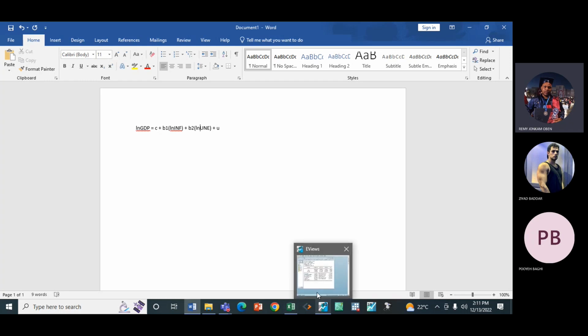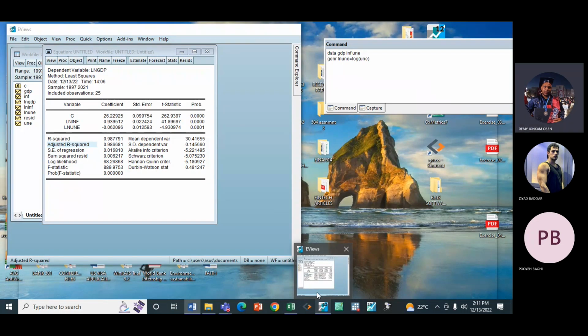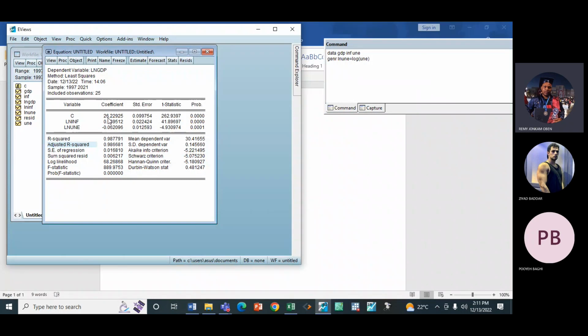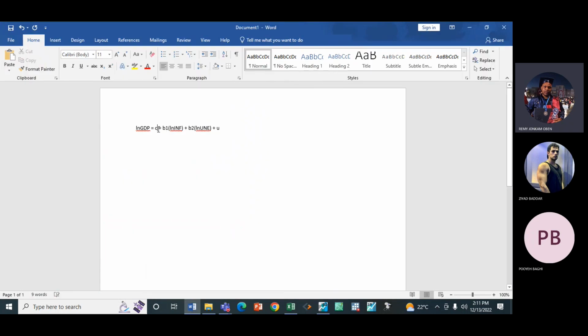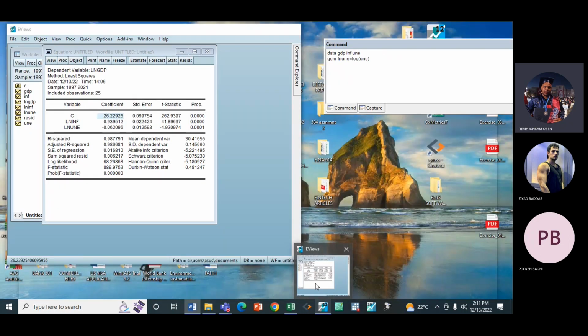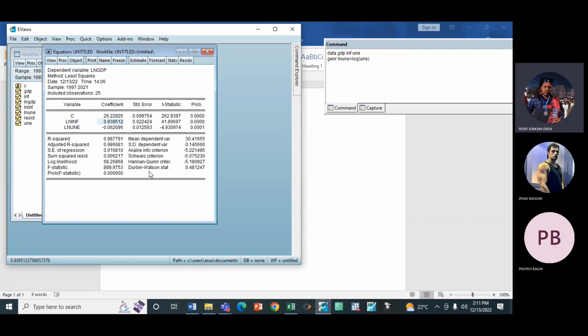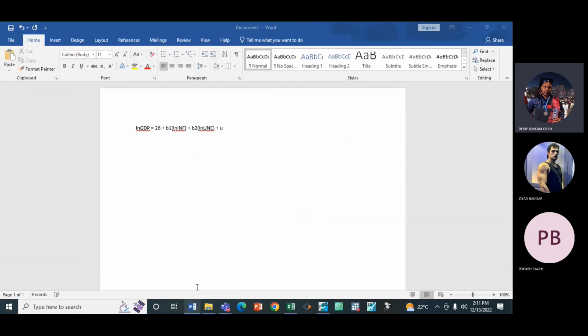Okay, looking at this model, the constant is 26. So I'll come here and put 26.93, or let's say 94. 0.94.